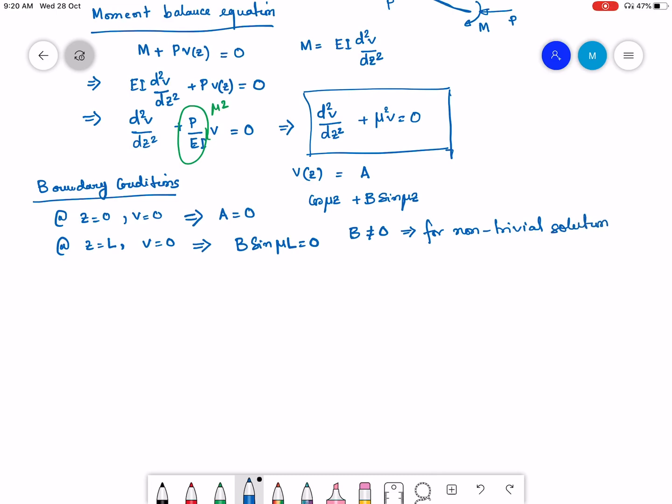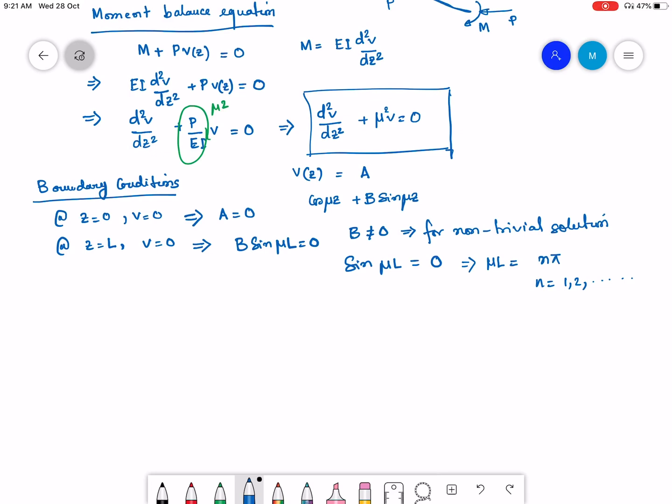So the only possibility is therefore sin mu L equal to 0. Now sin mu L is 0 when mu into L is n into pi, where n is 1, 2, and so on, except 0, because 0 is also going to give a trivial solution. So except 0, n could be any integer value.